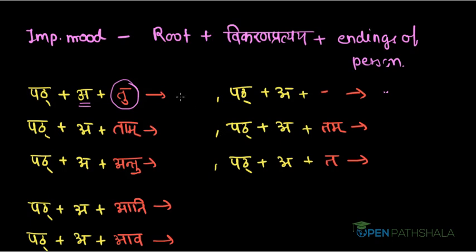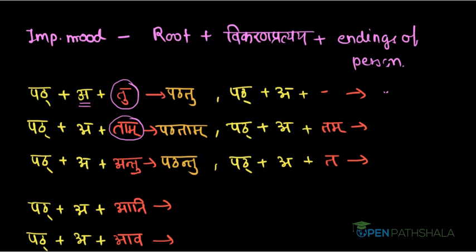So answer that we get is pathatu. This is imperative mood form, pathatu. Next, we have added tam, which is third person dual ending. So by adding tam, we get the form pathatam. So pathatu, pathatam.